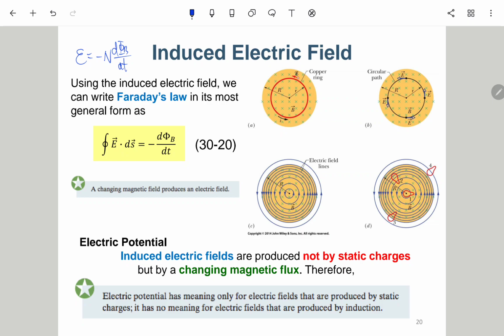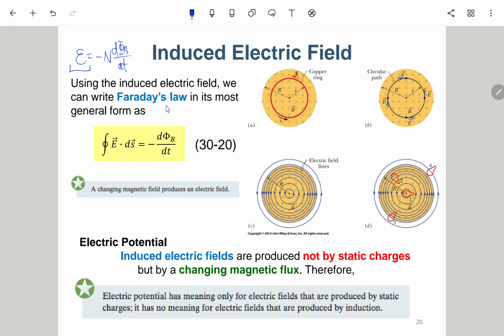But here we try to write out another expression of the induced EMF using a line integral.